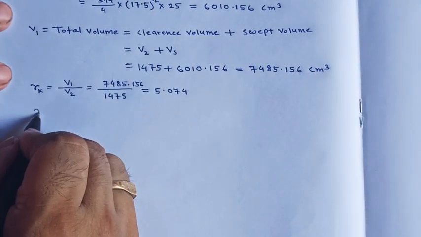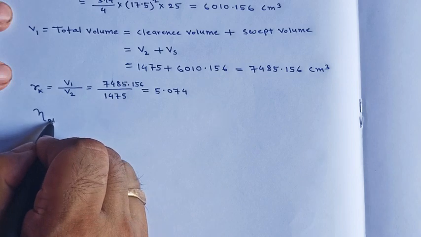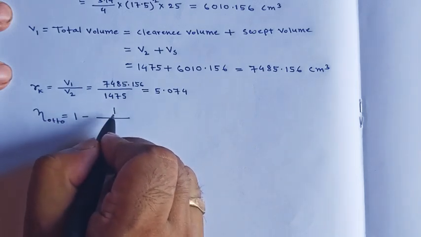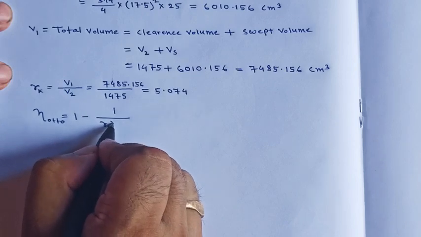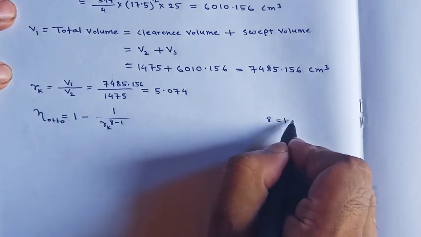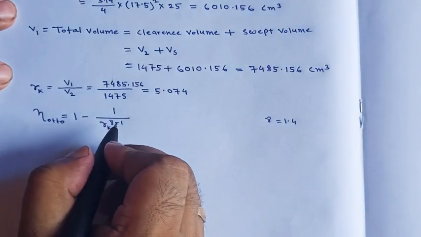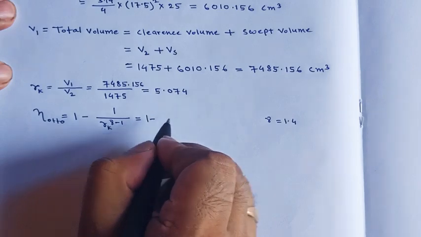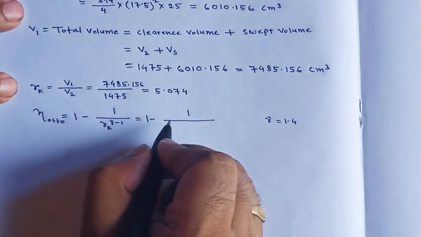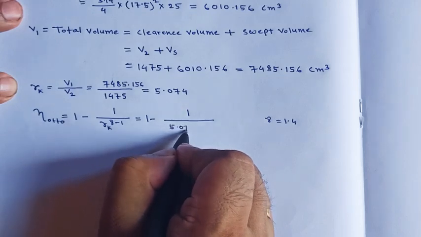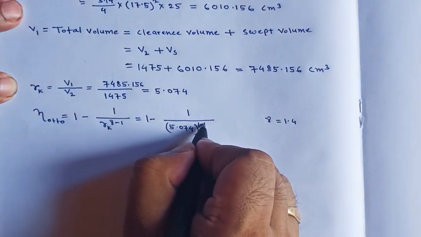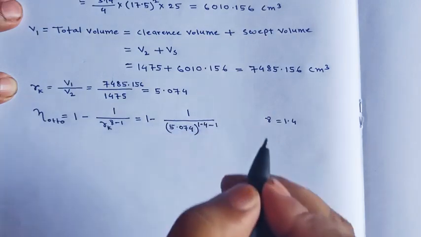Now we know this Otto cycle efficiency formula is 1 minus 1 by Rk to the power gamma minus 1, and this gamma equals 1.4. So you can write 1 minus 1 by this Rk value 5.074 to the power gamma, that is 1.4 minus 1.